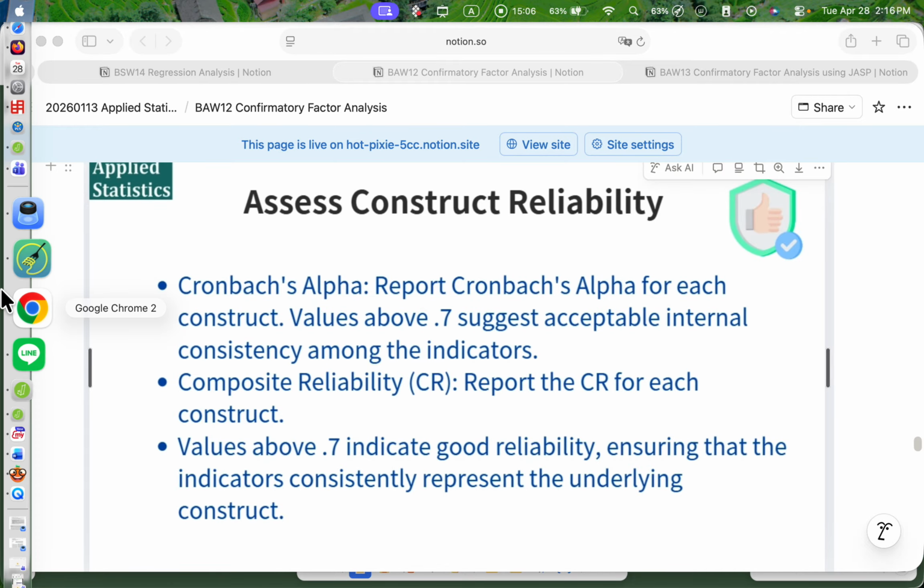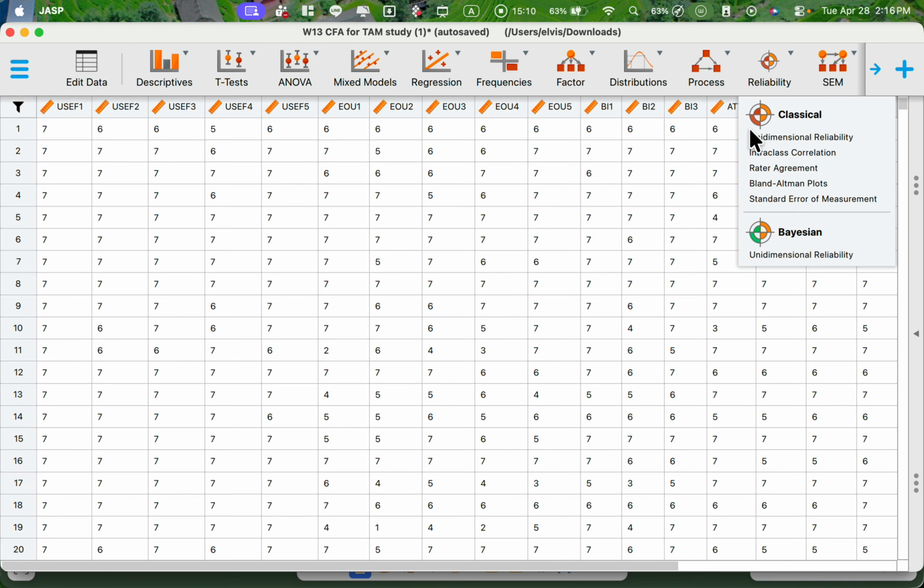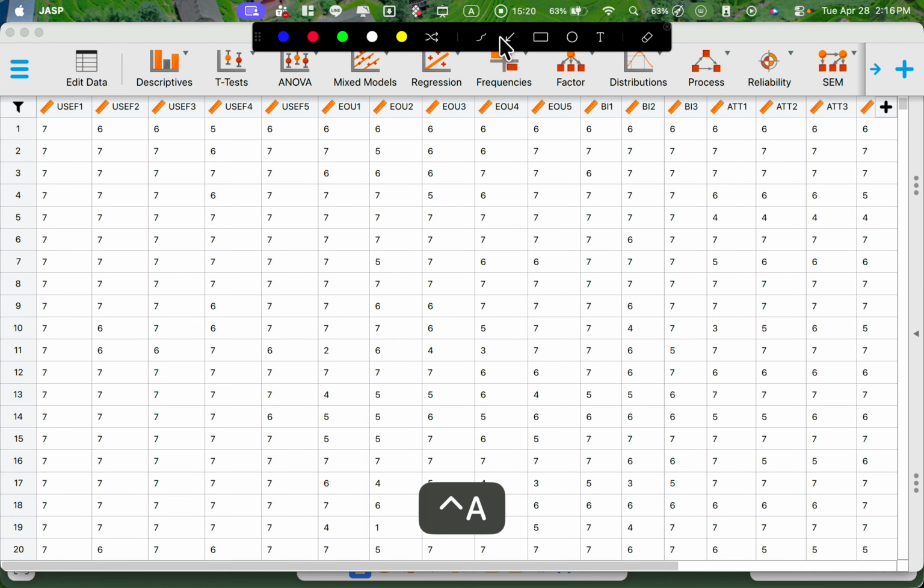For Cronbach alpha, you just run the reliability and select the option of unidimensional. Let me show you the menu here. Do you see the reliability on the screen above? Just click here, reliability.